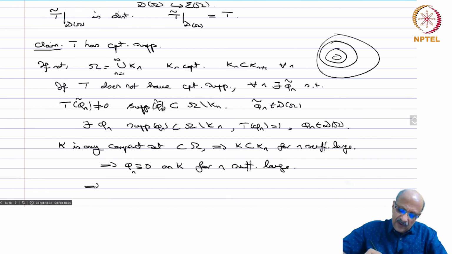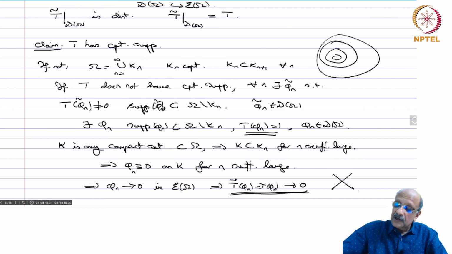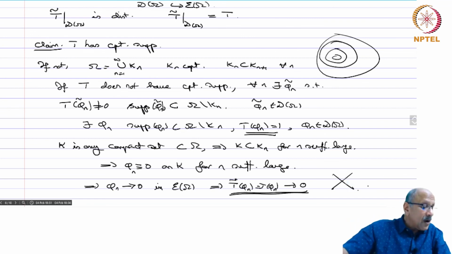That means for every compact set, after some time phi n becomes 0 on that compact set, and therefore phi n and all its derivatives go to 0 trivially, and therefore phi n goes to 0 in E of omega. This implies T tilde of phi n, which is the same as T of phi n, goes to 0. But on the other hand, T of phi n is equal to 1, so you have a contradiction, and therefore T has compact support.